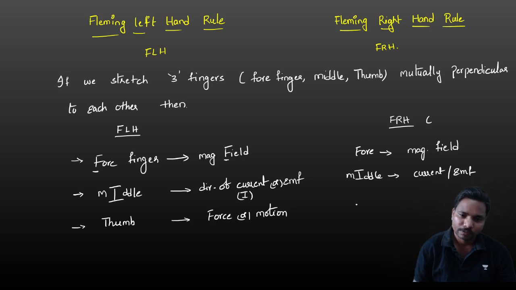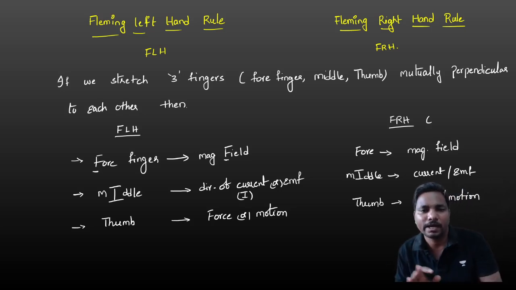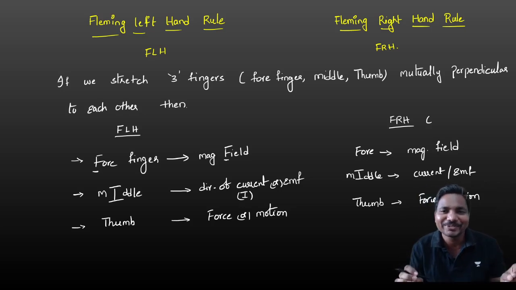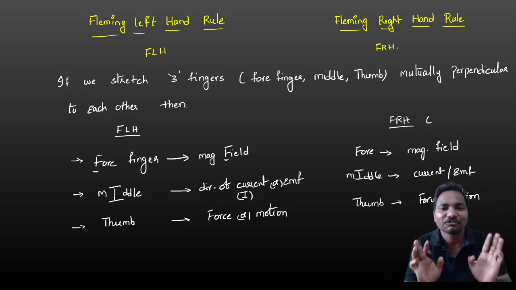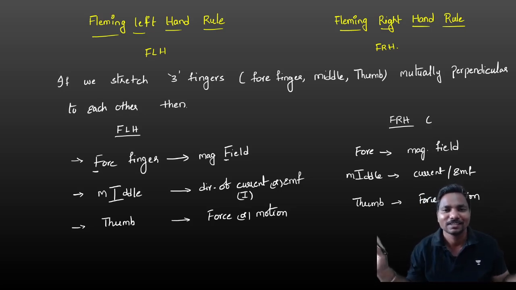I for I. And thumb gives direction of force or motion. Okay, so all of you getting Fleming's left hand rule and right hand rule. In any rule, the indication of the three fingers is the same. There is nothing different.